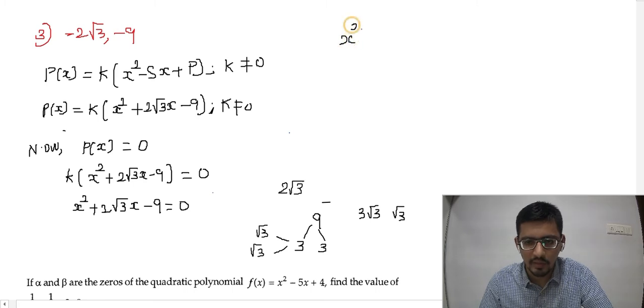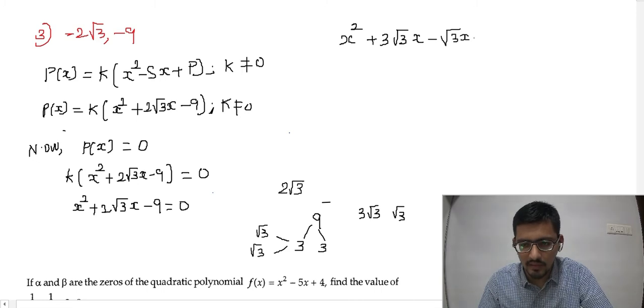So what I will do here: x square as it is, 2 root 3 I can write as plus 3 root 3 x minus root 3 x, and the last term minus 9 as it is. So from the first two terms I can take x common, the bracket is x plus 3 root 3.